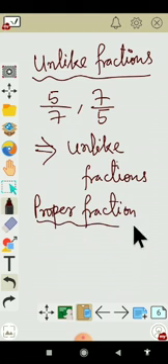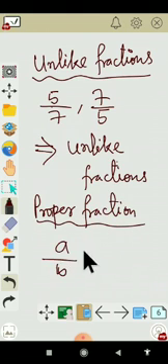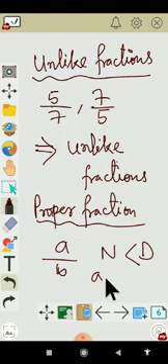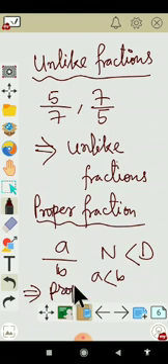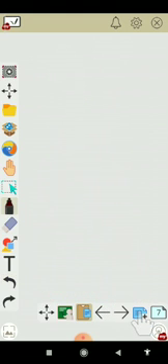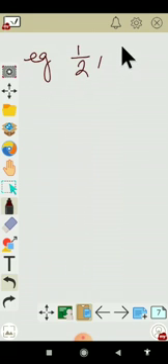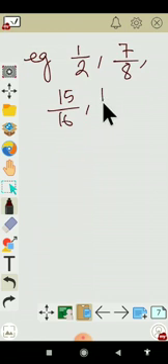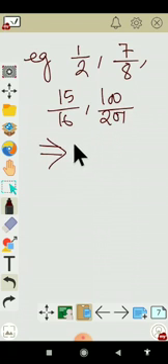Proper fraction means the numerator is less than the denominator. If a is less than b, then it is called a proper fraction. Example: 1 by 2, 7 by 8, 15 by 16, 100 by 201. These are all proper fractions.